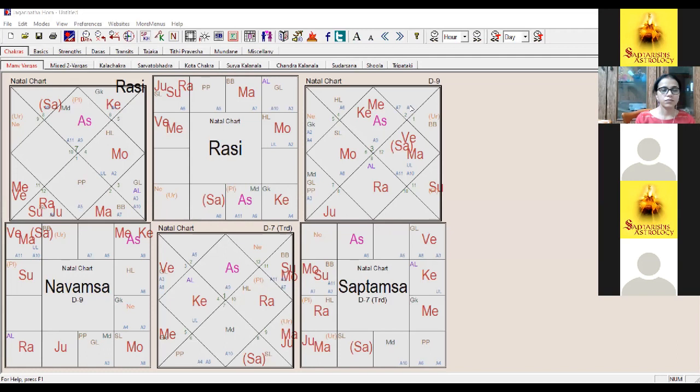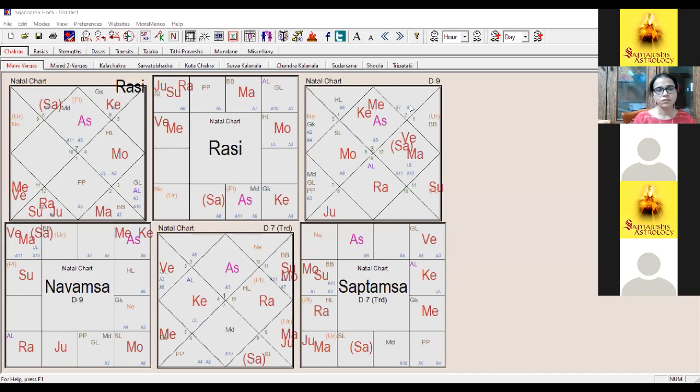Now in divisional charts, see for children matter, no need to check D9. Because in book you will find check every event with the D9 chart. Okay, that is true. You can check. Okay, but when you practice this system, you will get confused.